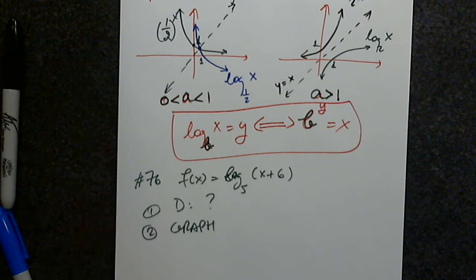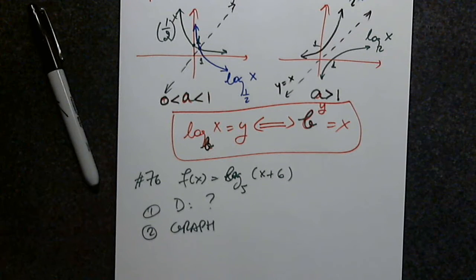I said x plus 6 not equal to 0. 0 is not allowed. It's a vertical asymptote. Careful. It's similar to the square root function, except 0.